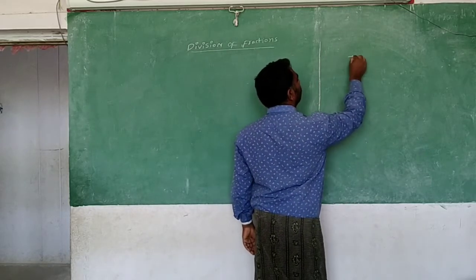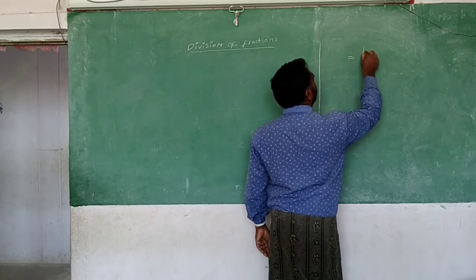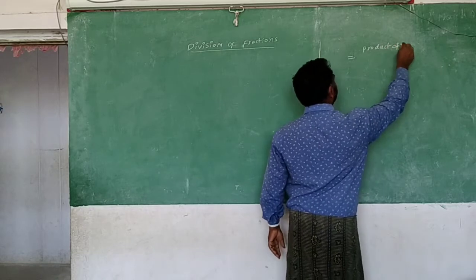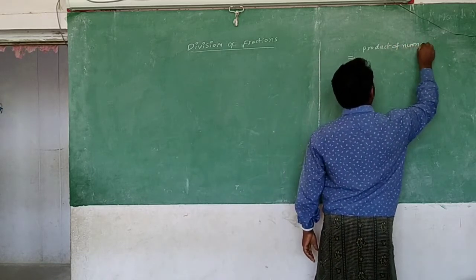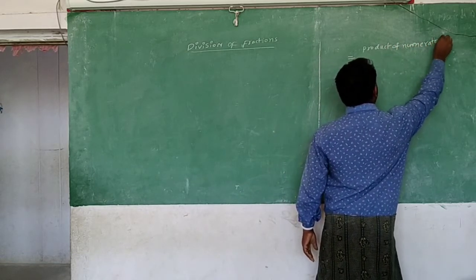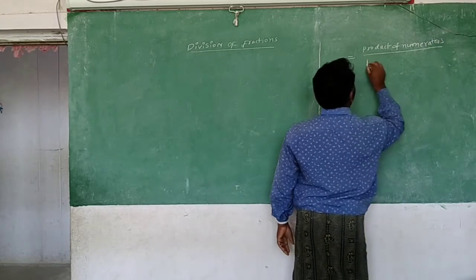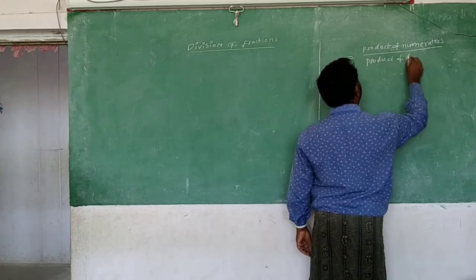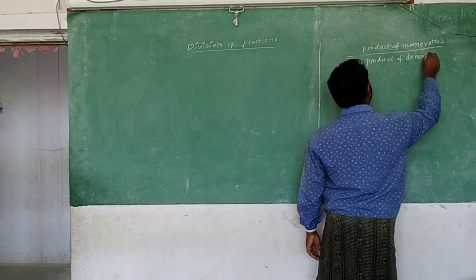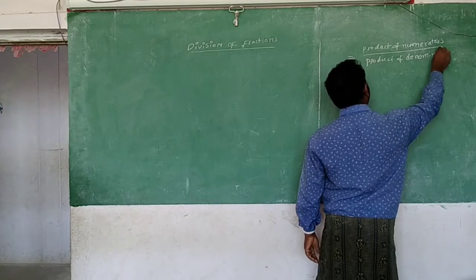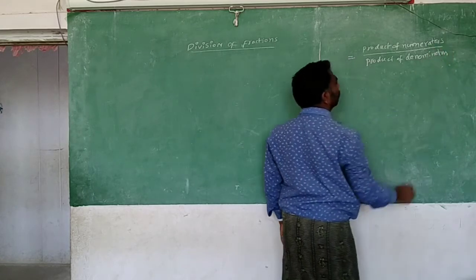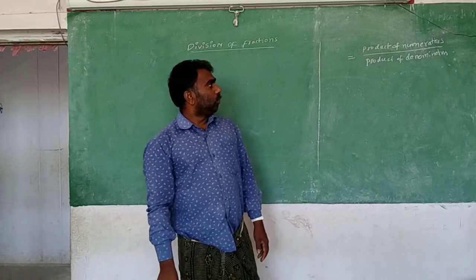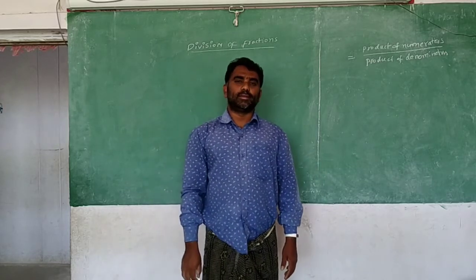Multiplication of fractions is equal to the simple product of numerators by the product of denominators. This is the common method for any type of fractions.